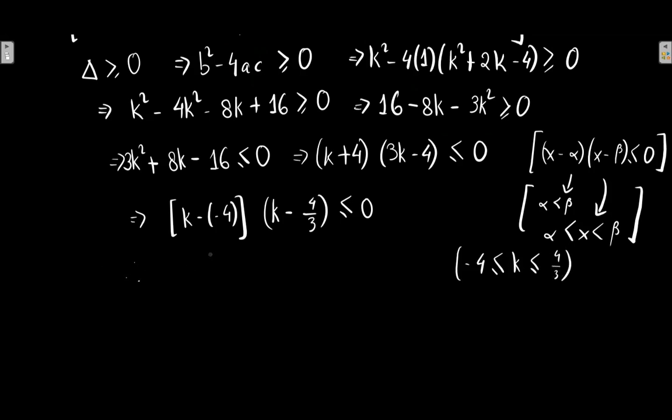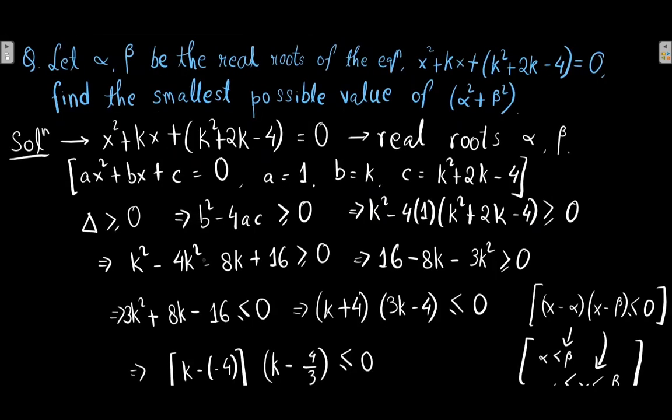So k belongs to the closed interval, since it is less than equal to, minus 4 comma 4 upon 3. Okay, so this is the range for k. So far so good.